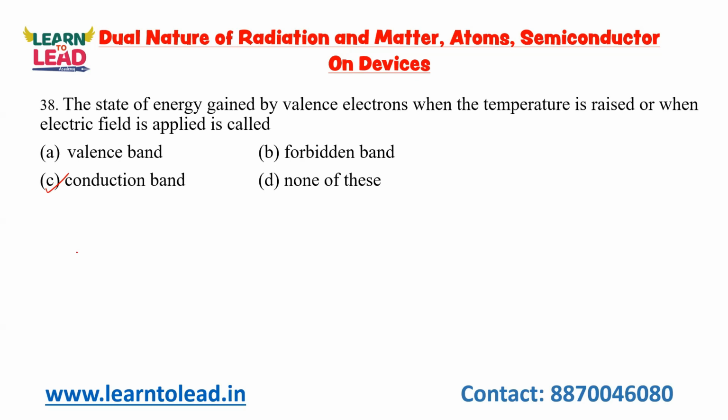When the temperature is raised, if you heat a material, we say there is current conduction. The valence electron, in the outermost orbit of each atom, will gain some energy and come out of that particular atom. Once it comes out of the atom, it will start conduction. That is why we call it the conduction band.